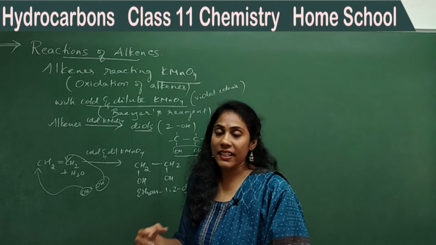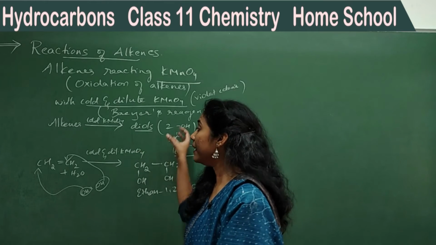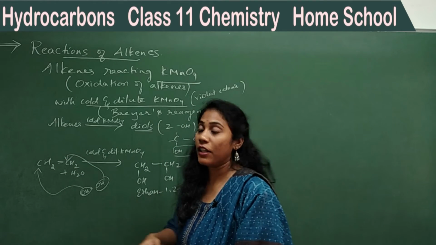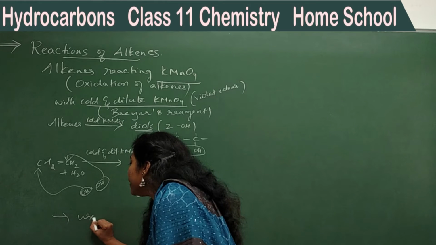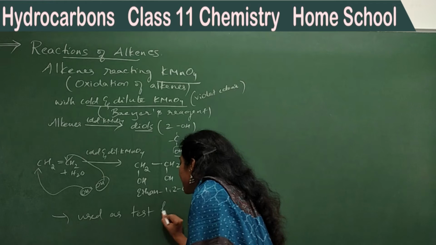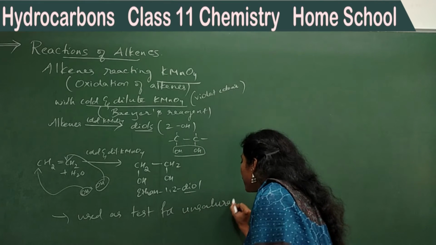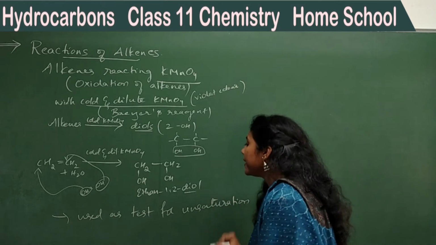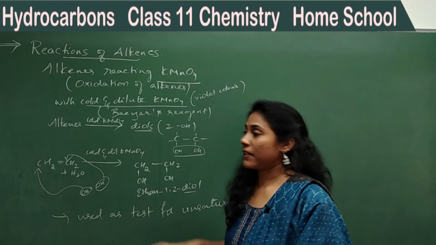So due to this color change, one can identify that a reaction is happening with the alkene. So to some extent, this reaction can be used as a test for unsaturation. If you want to identify whether the hydrocarbon is saturated or unsaturated, you can go for Baeyer's reagent.